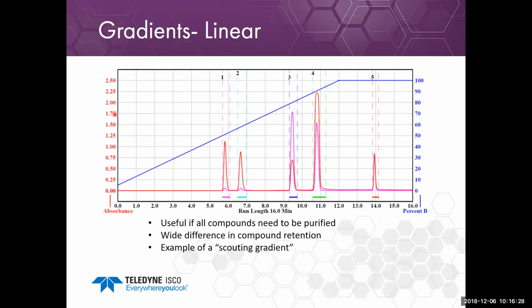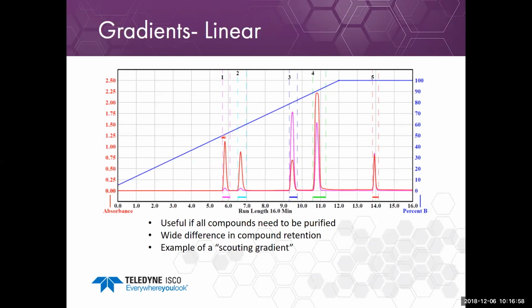A linear gradient shown over here is useful if all compounds need to be purified. If we were interested in this compound, or this compound and this last compound that's eluting, you could not make an efficient isocratic gradient to collect these in anything other than maybe an hour or so, because these compounds elute in maybe about 20% solvent.